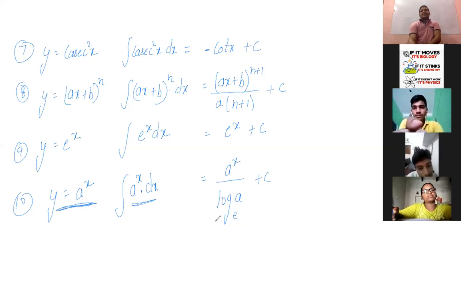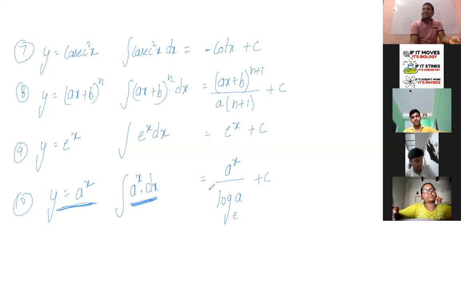Actually, you can see here, this a is basically your constant, and I'm not going into the derivation, but you can just understand it this way. a is any constant number and x is your variable. This is not going to be a power of anything. So when you integrate it, if you go into the deep derivation, those from a mathematics background know it well.